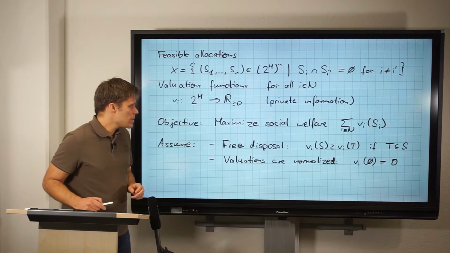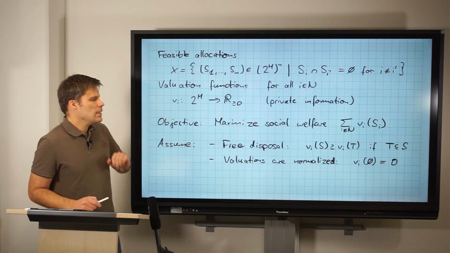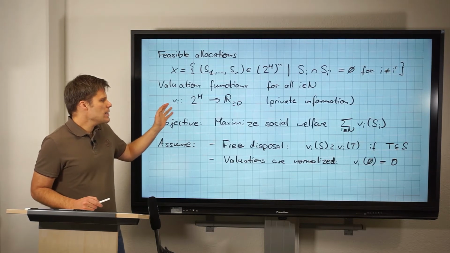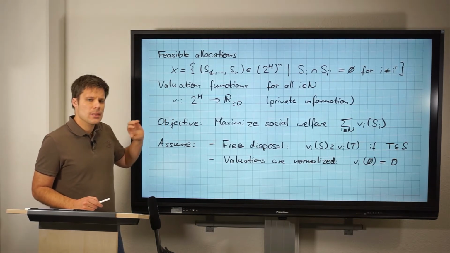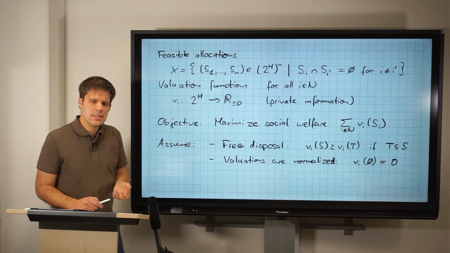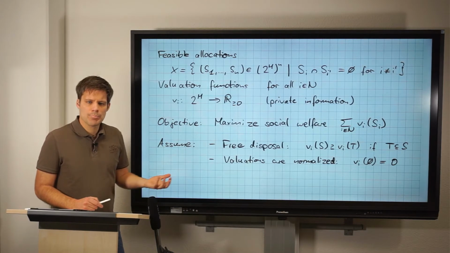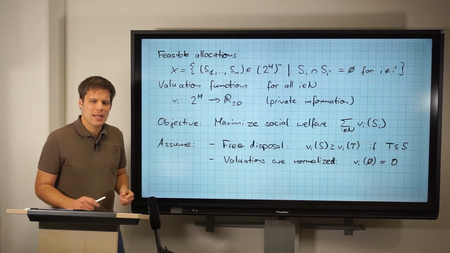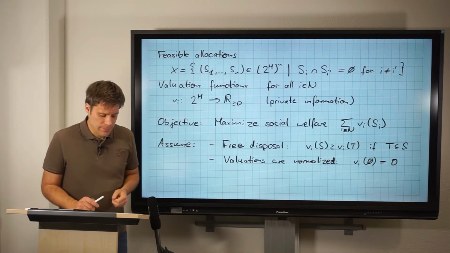Namely, what will our assumption be? Our assumption will be that I'm single-minded. I'm only interested in one subset of the items. If I get at least this subset, then I'm happy. If I don't get it, then I'm just as happy as when I don't get any items.